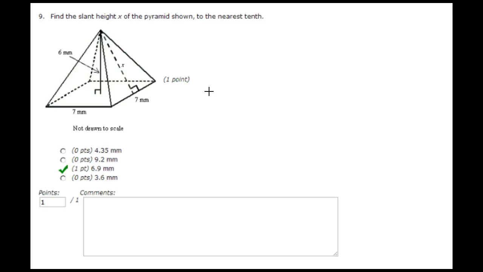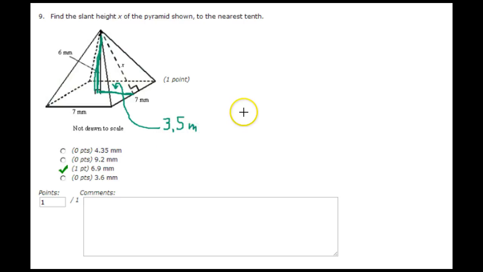Well, there's a couple of ways that we can work this. We're dealing with right triangles here. So if you notice, since we know this is perpendicular, and then we take this segment, which goes from the center out, halfway across that segment, then we know that this length right here is going to be 3.5 millimeters.